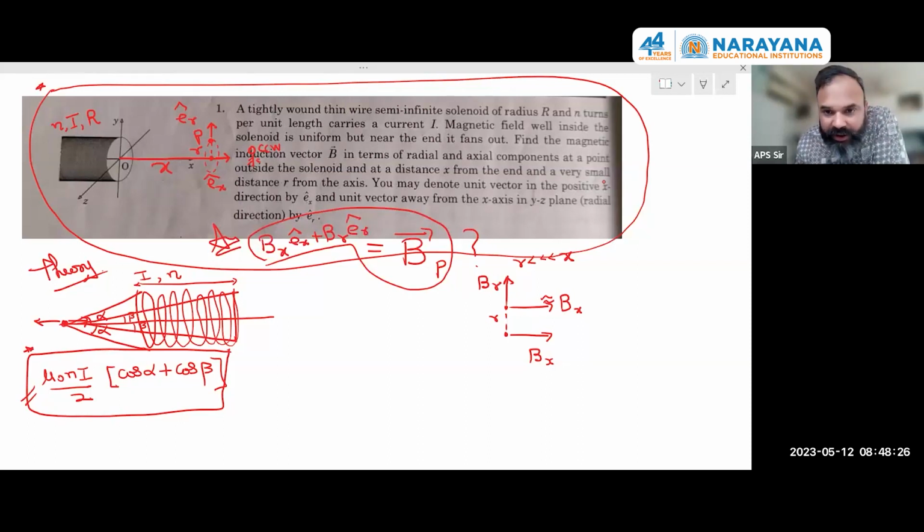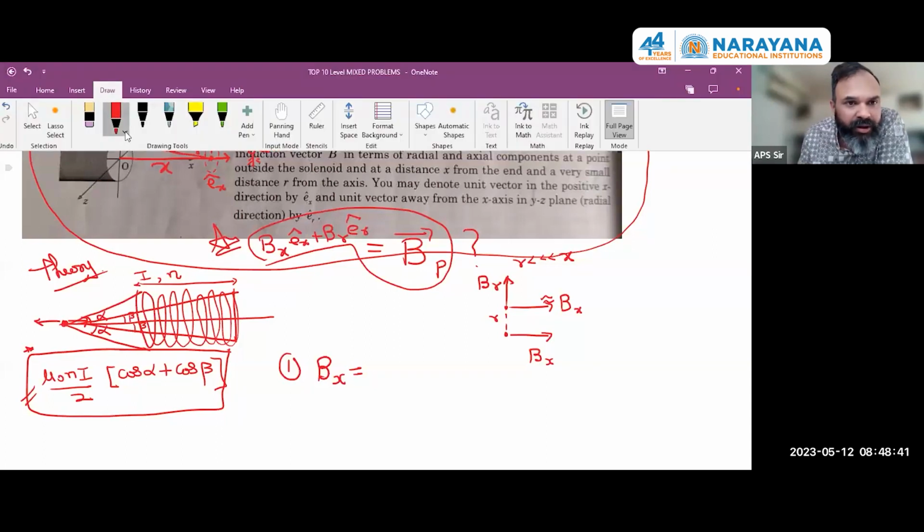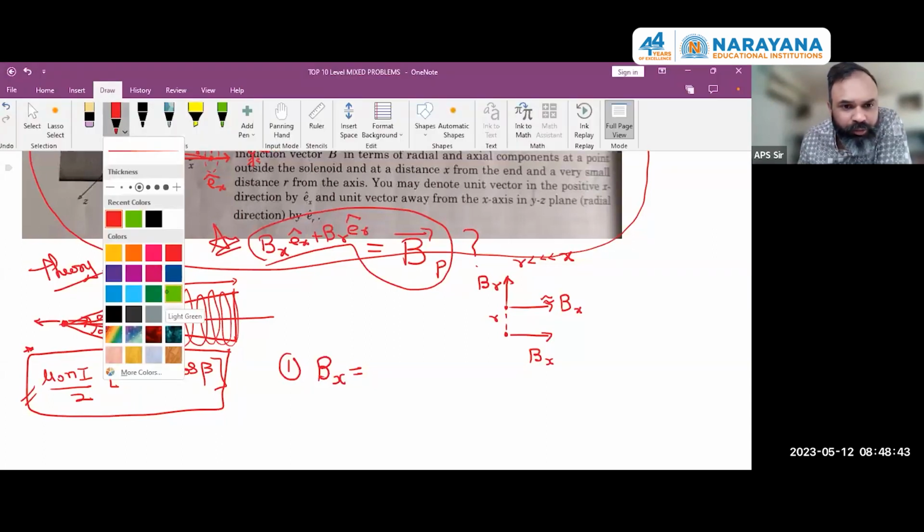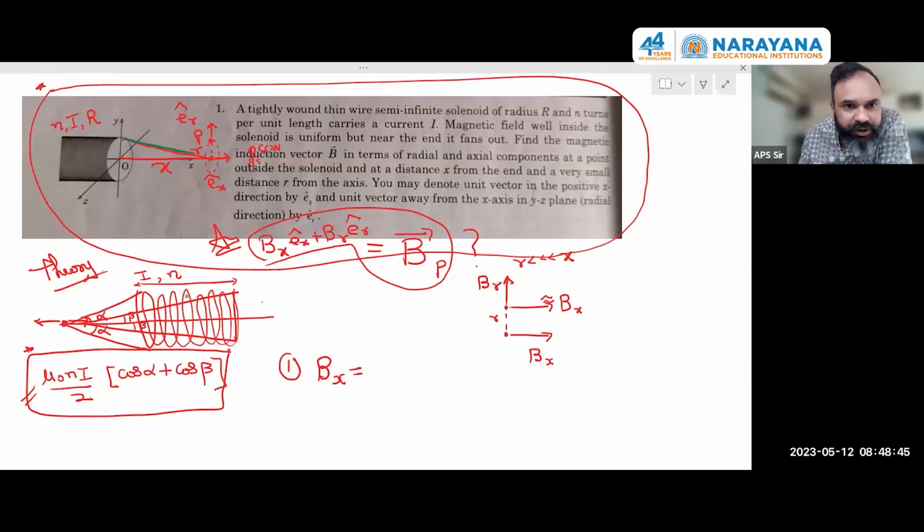Now, as far as the first one, Bx, is concerned, I could have used this formula directly here. I could have said that from this end there is an alpha angle I will draw, using a different color for it. And from the other end, which is at infinity, if you draw that angle it will tend to 0.